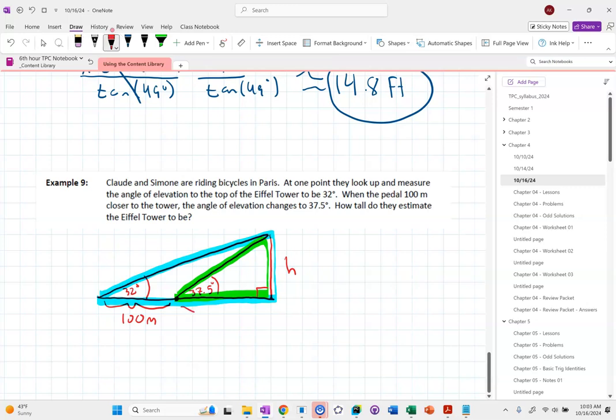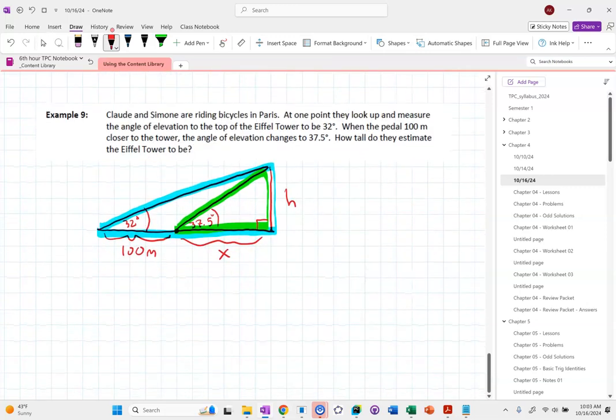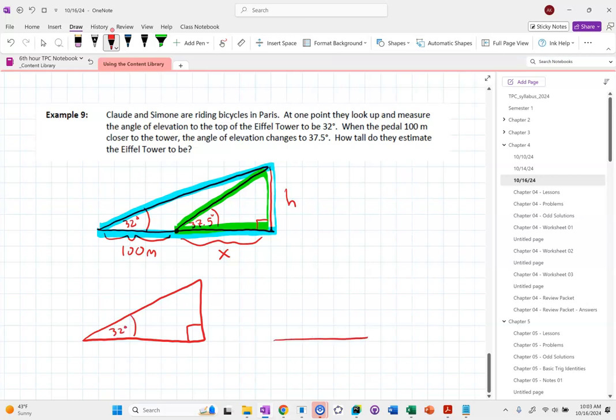Is like this side here that I'm going to call X. So if I split this into two separate pictures now, so far so good with how I've drawn my two pictures.